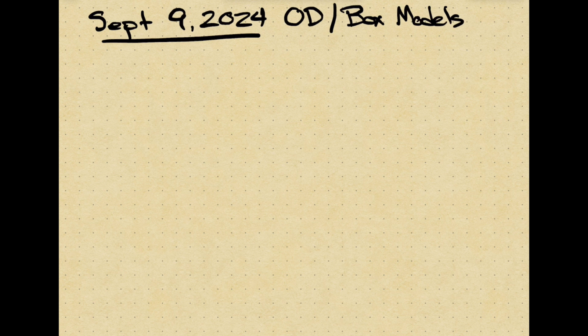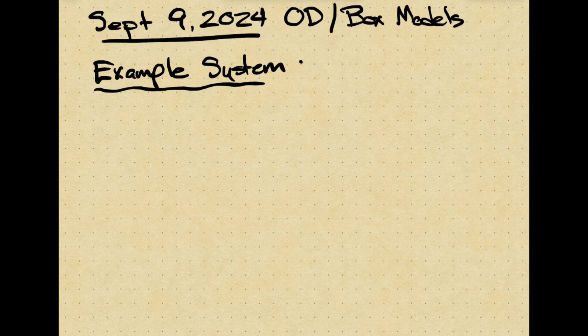And we'll start off with an easier version of it, and then a more complex version of that as well, right? So in this case, the example system that we want to look at is the global carbon cycle.